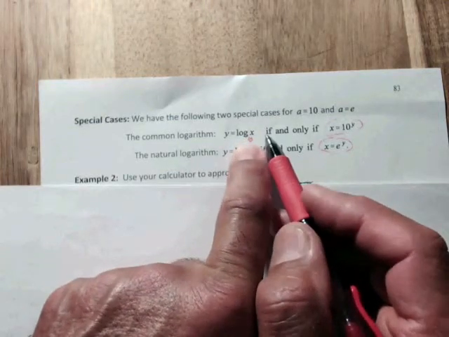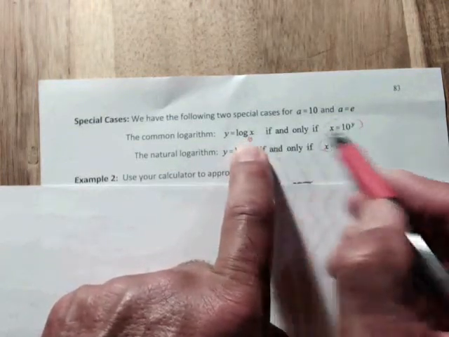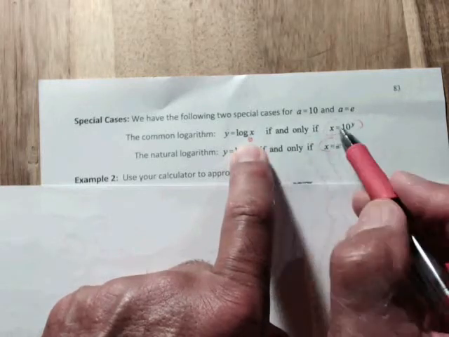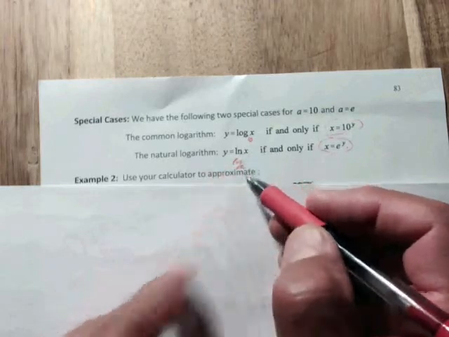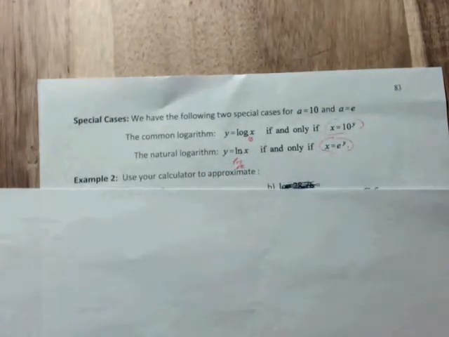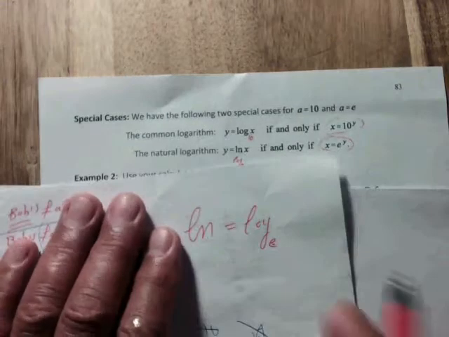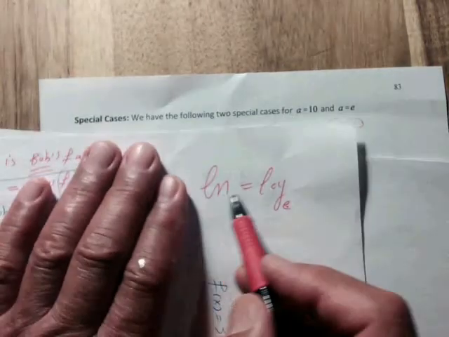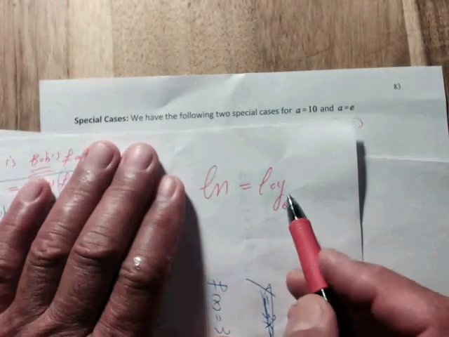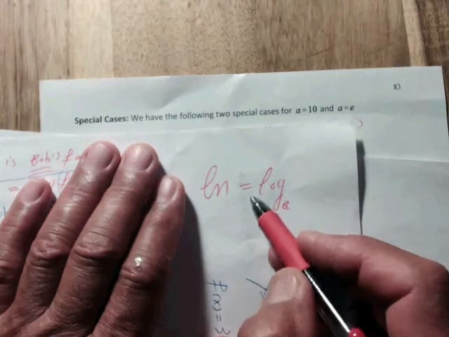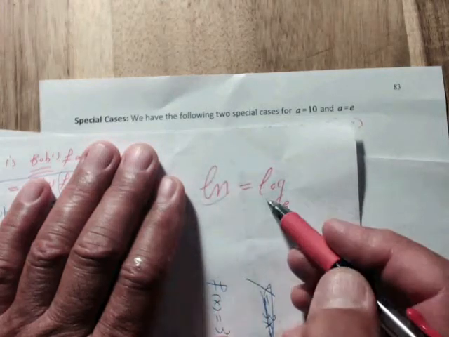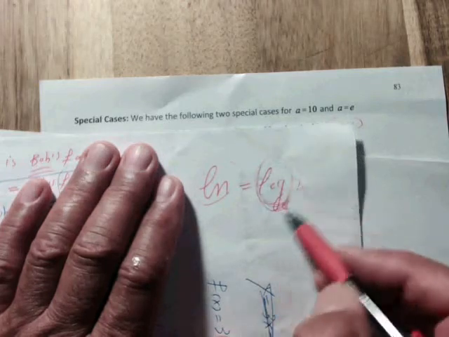If you convert it to exponential, then you say the argument x is equal to 10 to the power y. If I have ln, it simply says log to base e. So log base e, we use this notation ln because it's so important.